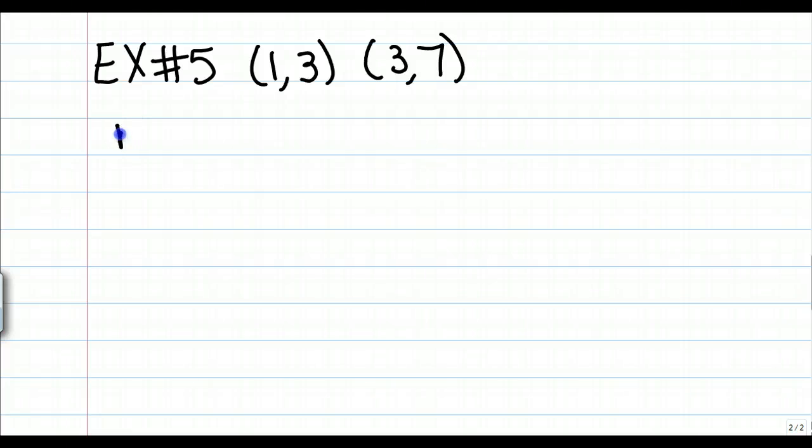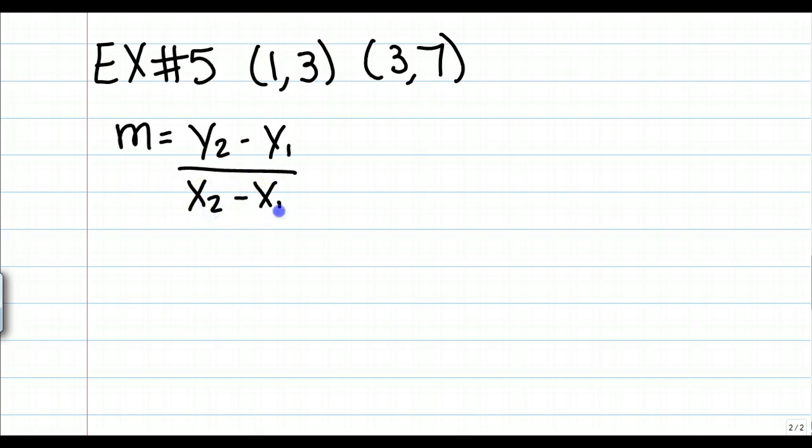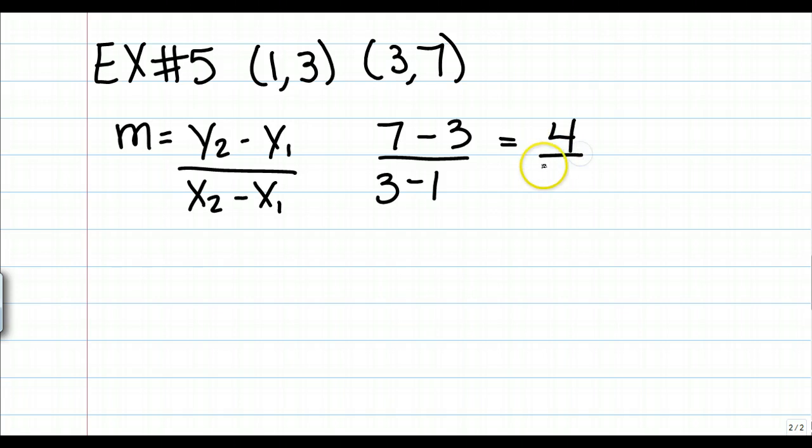So first you got to find the slope, and if you remember, it's y2 minus y1 over x2 minus x1. And you just plug those in. So I'm going to have 7 minus 3 and 3 minus 1. And I end up getting 4 over 2, which is 2. And so my slope is 2.